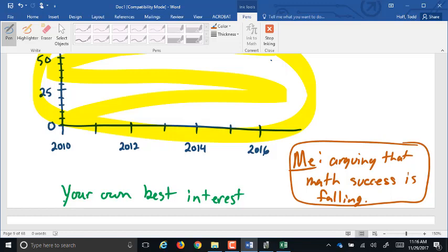In statistics, it's to display them in the way that least supports your own best interest, so people can look at it. And if they decide to agree with you, it's because the evidence is so overwhelming that even given that worst possible display, they still decide that you are correct.